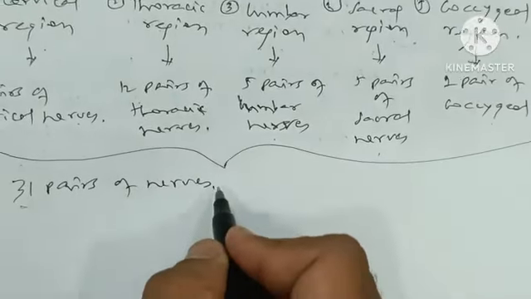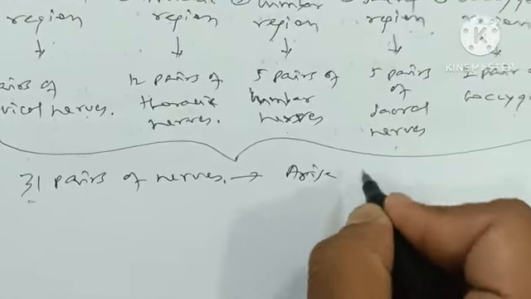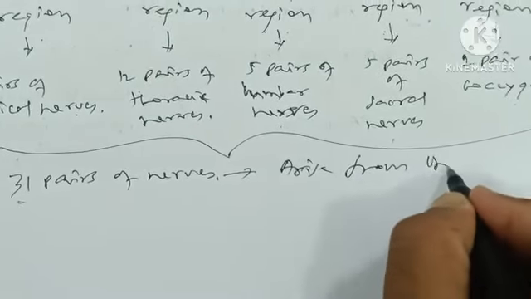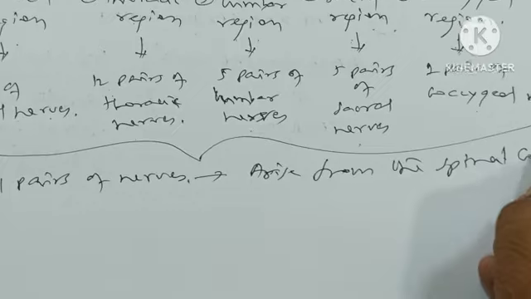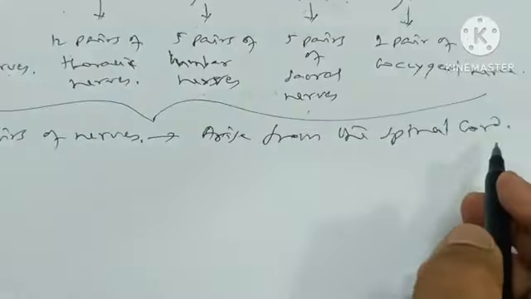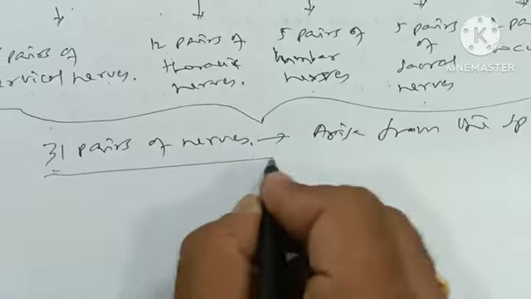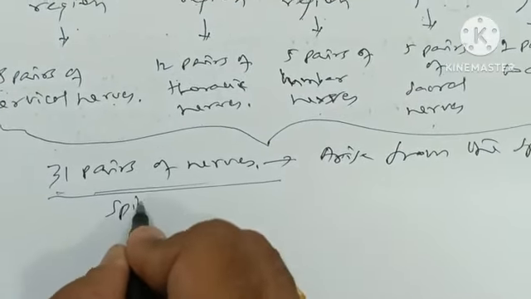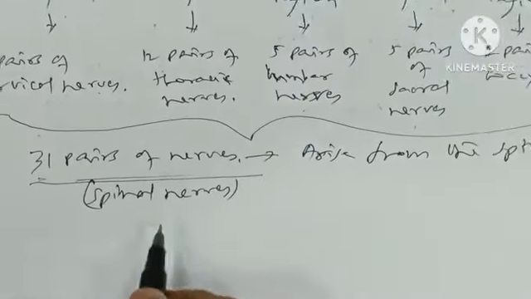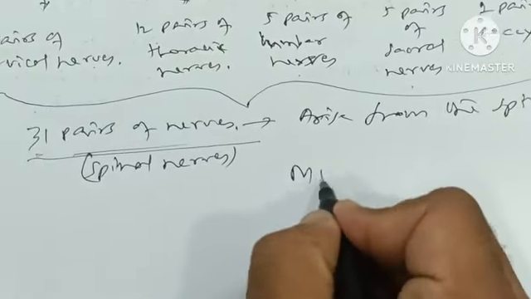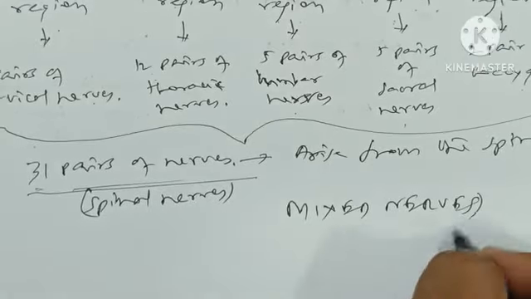And all these nerves arise from the spinal cord from the different regions, and these nerves are called the spinal nerves. So these 31 pairs of nerves are called the spinal nerves. Now all these spinal nerves are mixed nerves. What does it mean?